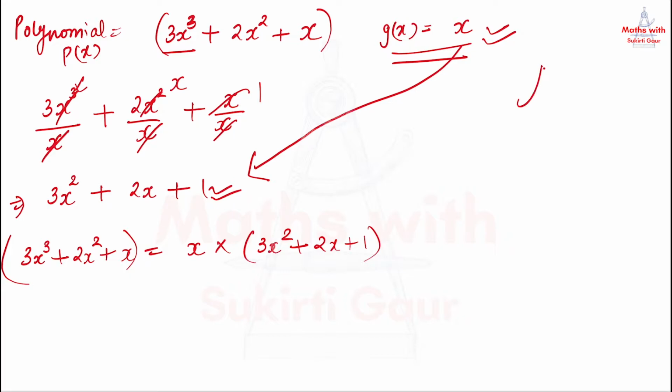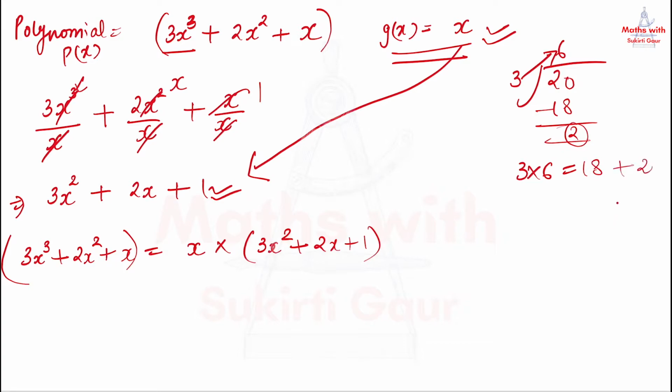Because in division, what we did? We did this. 3 times 6 give us 18 and 2 was the remainder. It means 3 times 6 will give us 18, and when we add remainder, it will give us the whole dividend.